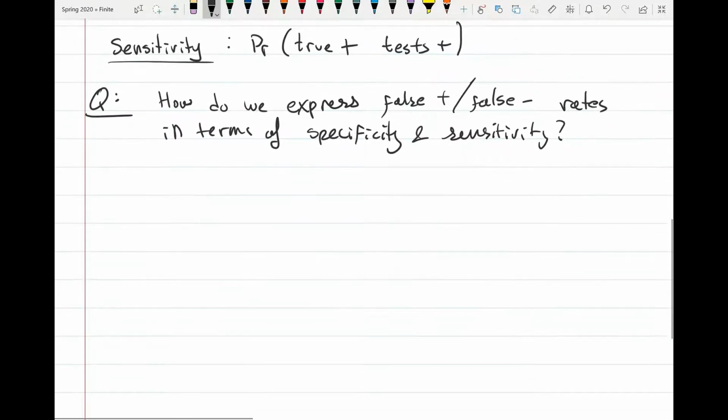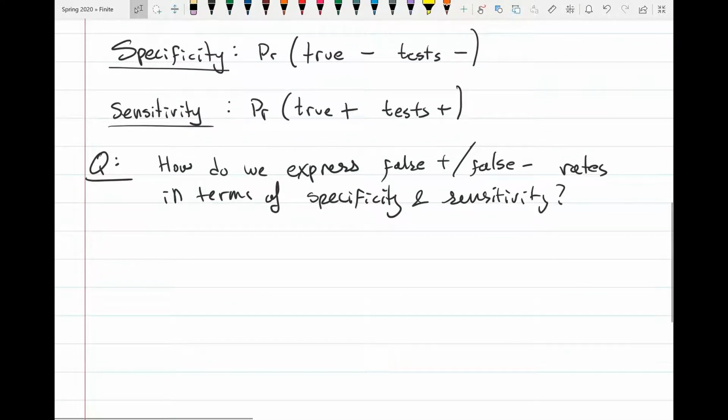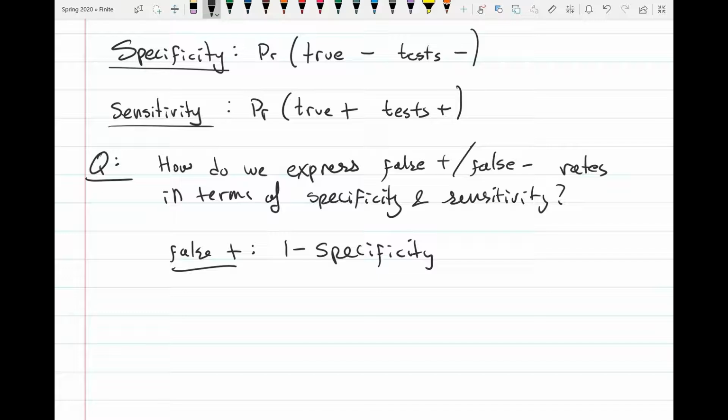Well, let's look at false positive first. False positive is a true negative that tests positive. So it's kind of the converse of specificity, which is a true negative testing negative. So the false positive probability is 1 minus the specificity, since a person either tests positive or tests negative, there's no other options.